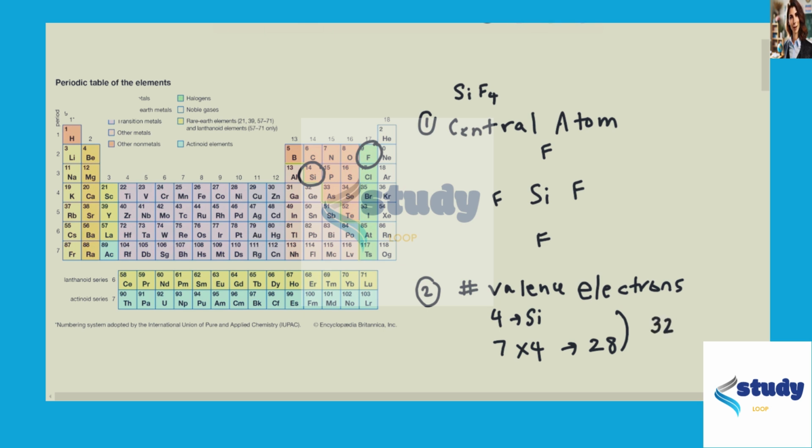Now the next step, step 3, is to draw a single bond between the central atom and each of the surrounding atoms, like so. And then because each of the bonds contains 2 electrons, one shared by each atom in the bond, we have 2, 4, 6, 8 total right here.